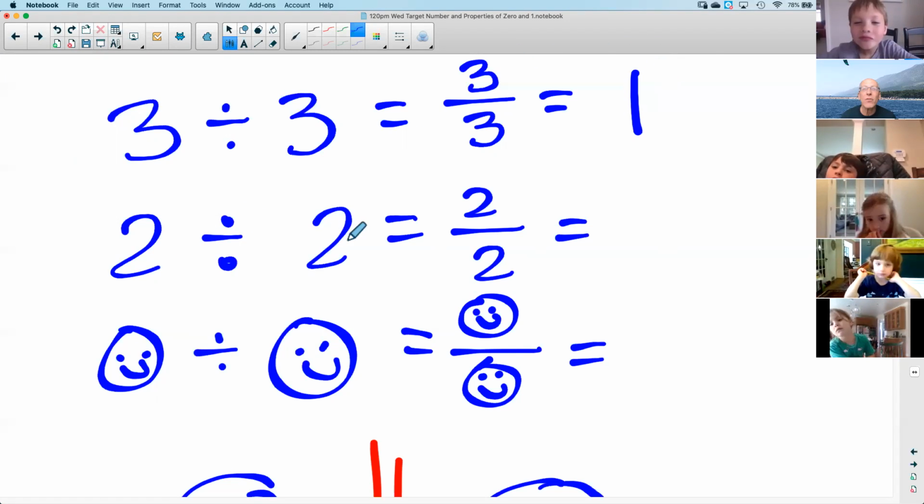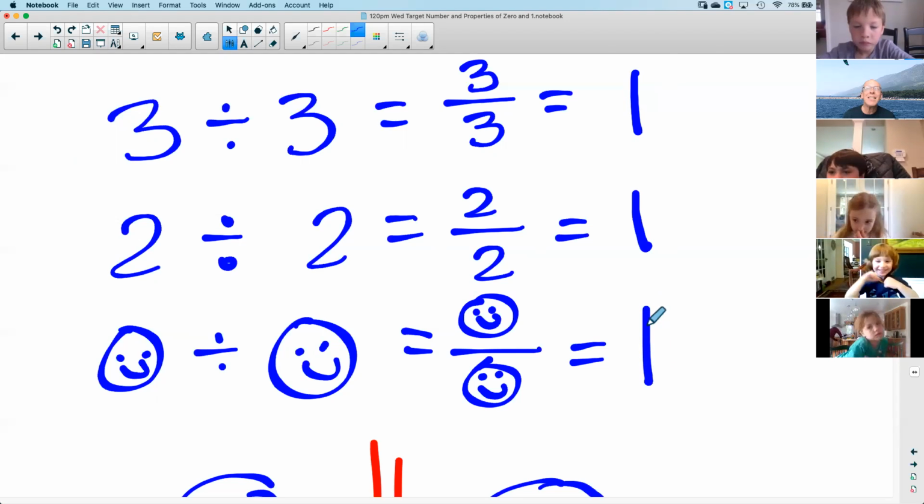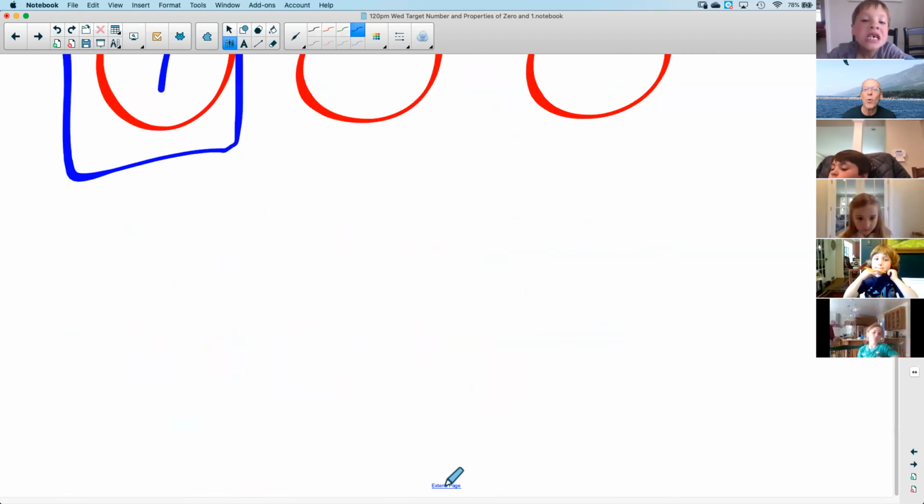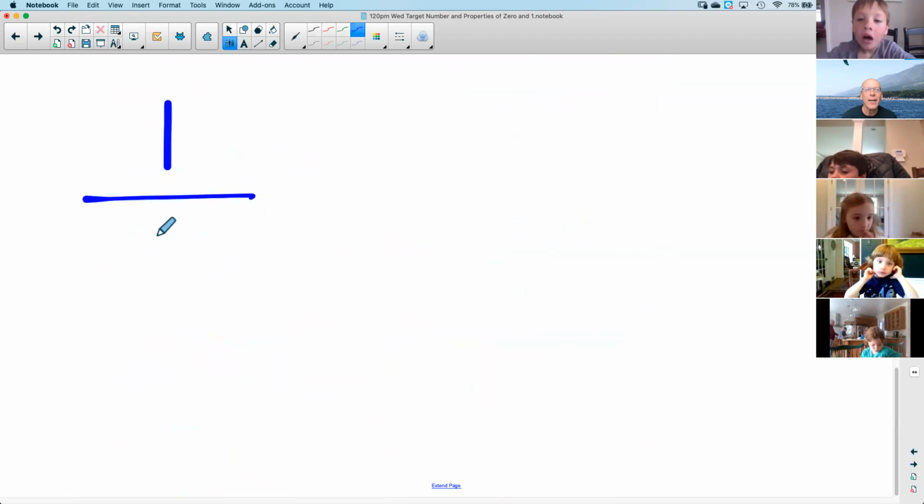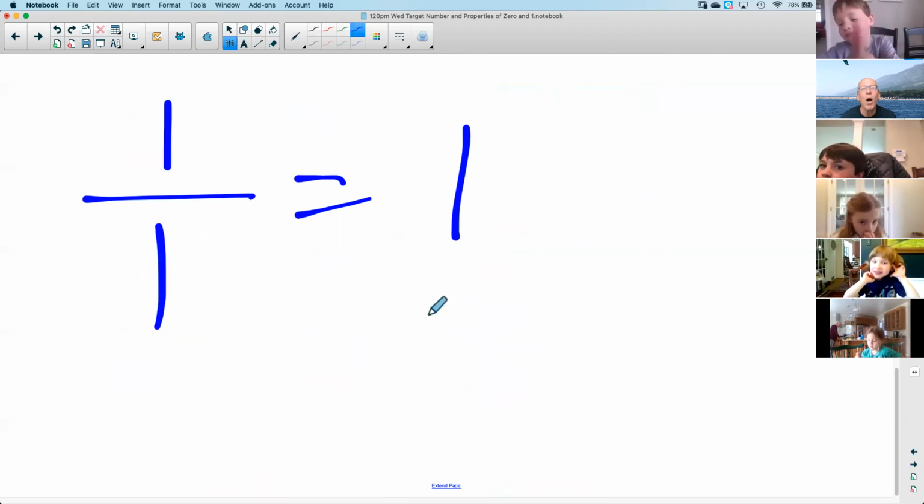Victoria divided by Victoria is 1. Julian divided by Julian is 1. Anything divided by itself. And by the way, guys, look at the next one, which is going to be 1 divided by 1, which is 1 whole. That's just 1.